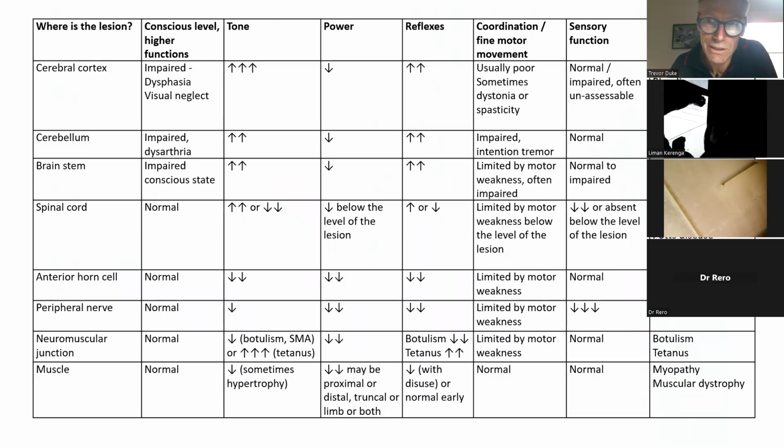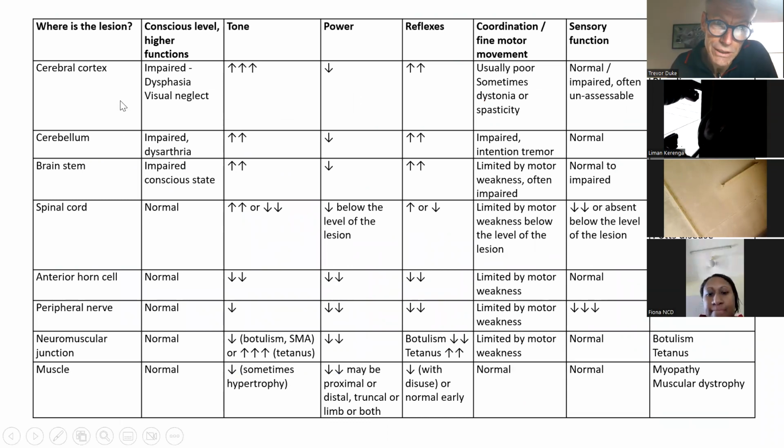Now, I'm not sure whether you can see this slide very clearly, but I have put in the different levels of the nervous system: the cerebral cortex, the cerebellum, the brain stem, the spinal cord, the anterior horn cells, the peripheral nerves, the neuromuscular junction, and the muscles. Remember, these are the levels I mentioned when you ask the question, where is the problem?